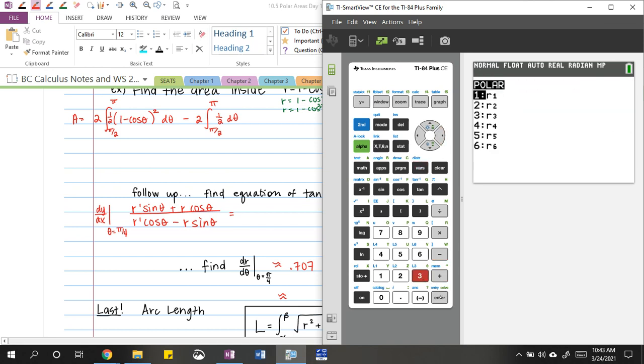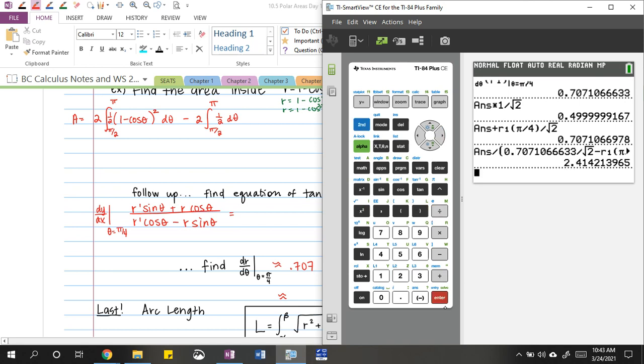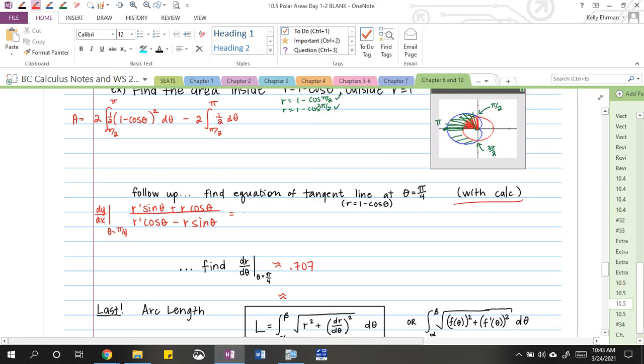It's more trouble than it's worth, isn't it? Just typing it in. Let's just hope that this all got typed in correctly. Coming out to, oh, look at that, 2.414.